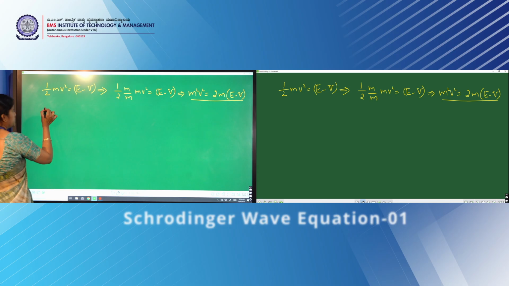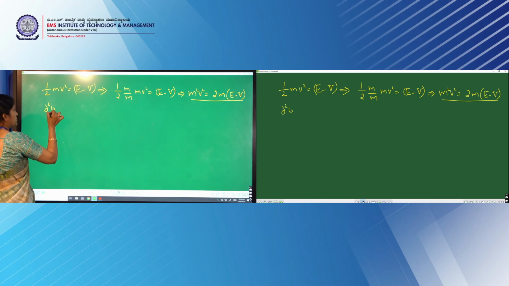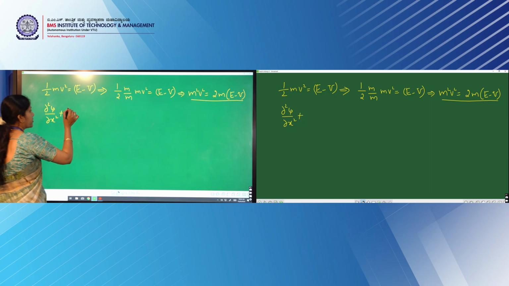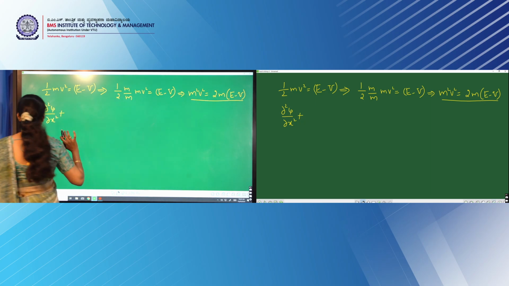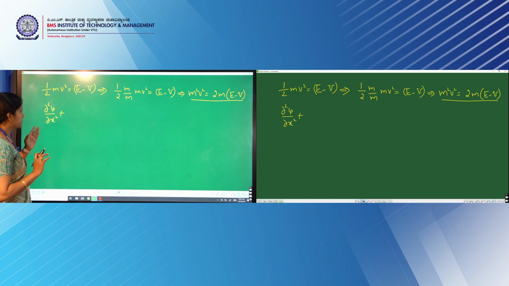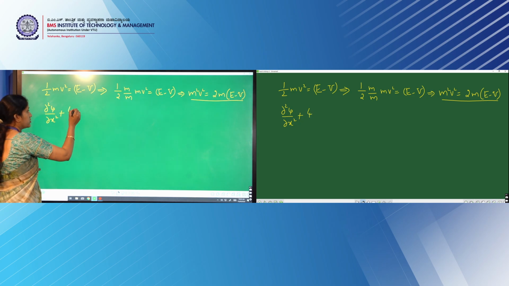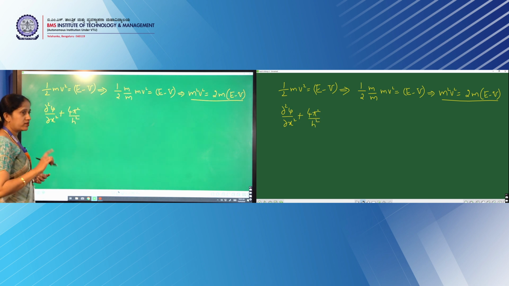Now let us substitute the value of this m square v square in the previous equation. Our previous equation is del square psi by del x square plus 4 pi square by h square m square v square of psi is equal to 0.